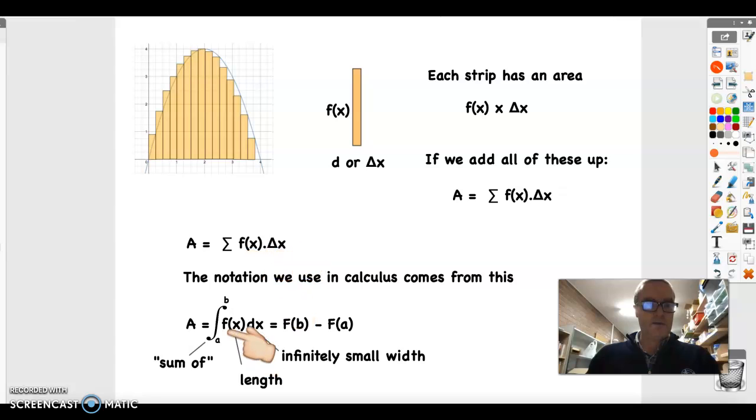So here we've got a length times a width, but here we're referring to the width as something that is infinitely small. Here we've got our Greek letter capital S, sigma, which means the sum, and this integral sign here is something that means to find the sum of rectangles that are infinitely small. That's a huge concept in itself. And so you can see that's why we use this notation. That's where we get this symbol from.